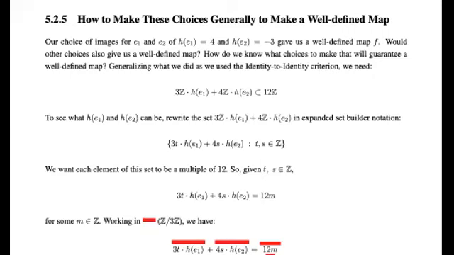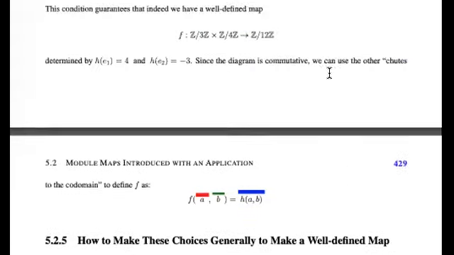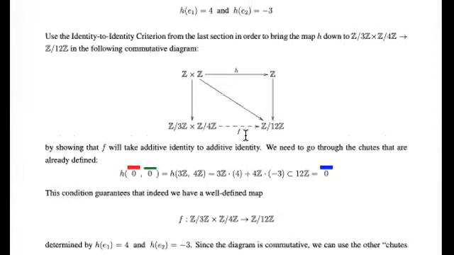This is subsection 5.2.5. So what we've been talking about is how to make a map that goes from Z mod 3Z cross Z mod 4Z to Z mod 12Z. And we've seen that we can consider lifting everything to free Z modules, where it's easy to make a map that's well defined by just knowing any destination at all for E1 and E2, which live in here.